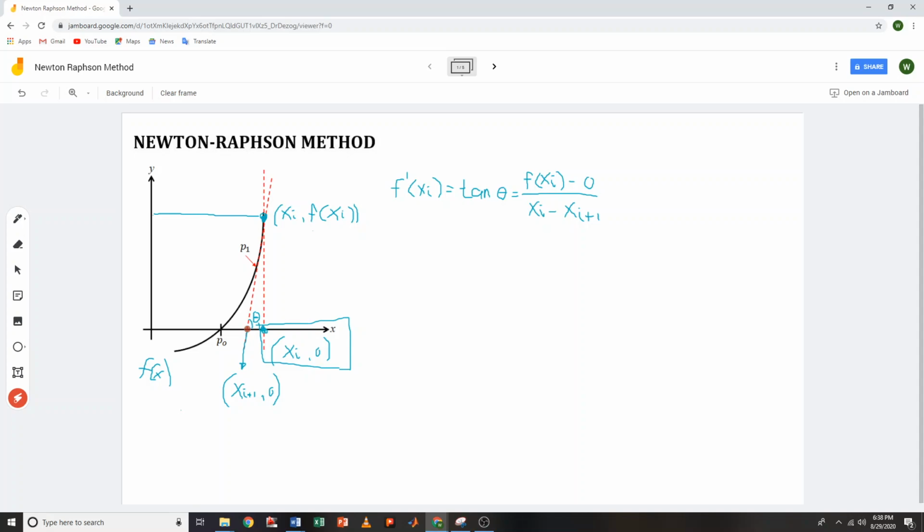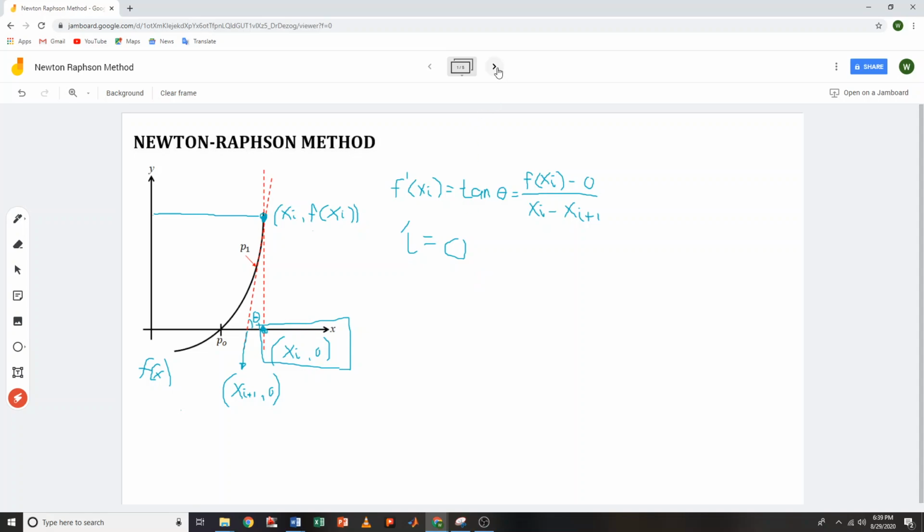The coordinates of this point 2, the approximation of the root that converges to this root, are x i plus 1, 0. Take note that we begin with i equal to 0. This formula is focused on this tangent line.